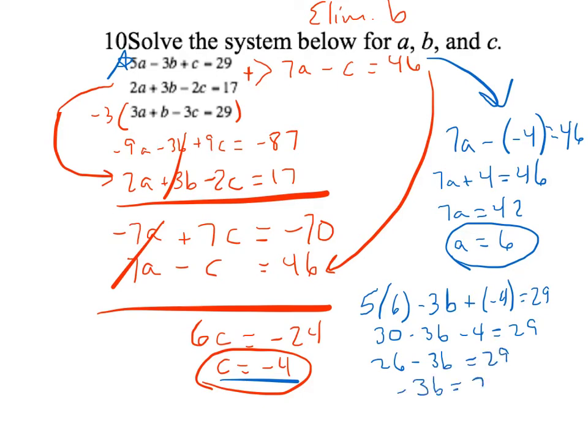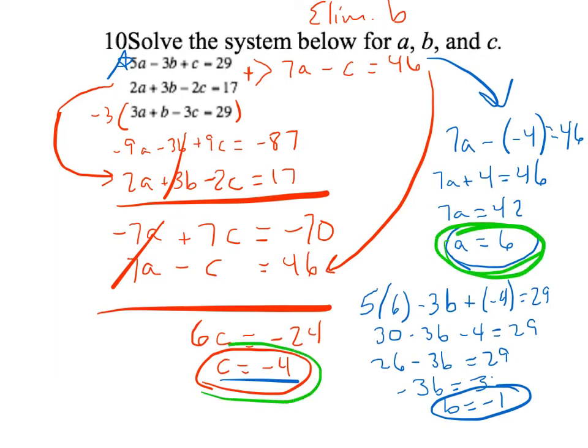Negative 3b equals 3. b equals negative 1. So our three solutions are these three numbers. And you can check those by putting them back into the original.